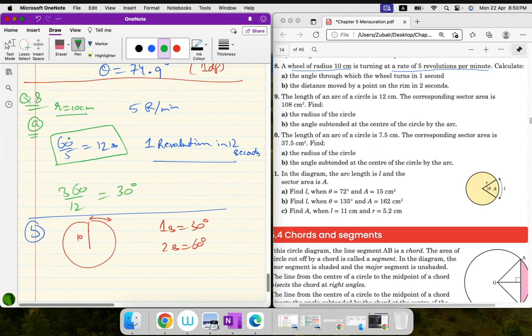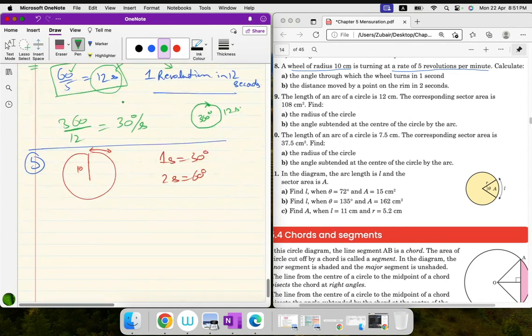Because it was taking 60 seconds to turn 5 times. Yes. So that means 12 seconds for one revolution. If in 12 seconds it is completing that circle, it is completing 360 degrees in 12 seconds. We just divide and we get 30 degrees per second.